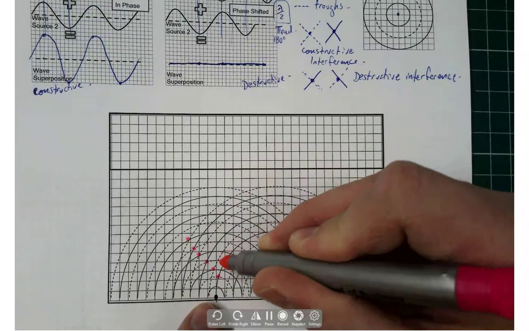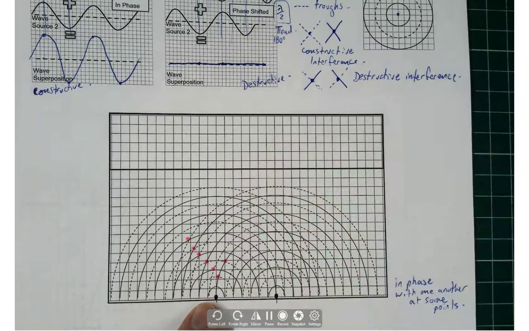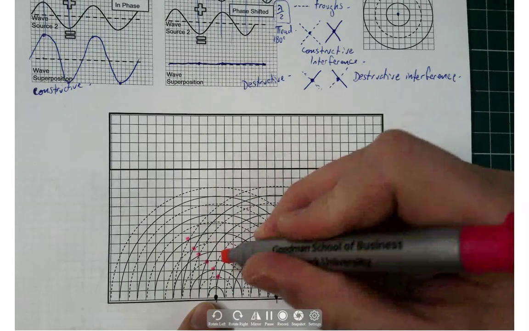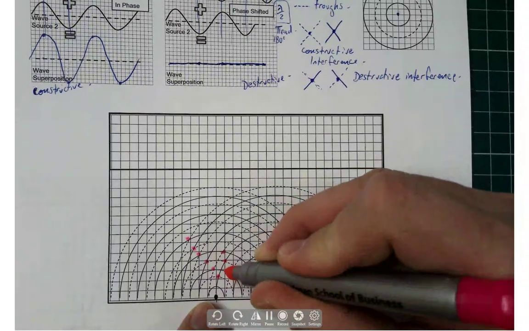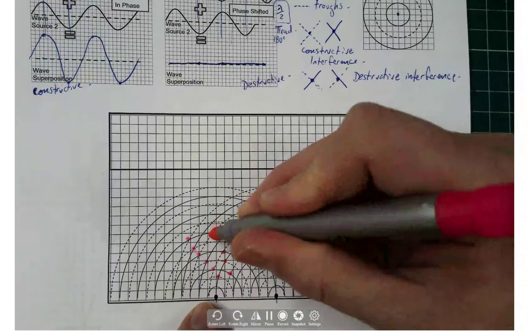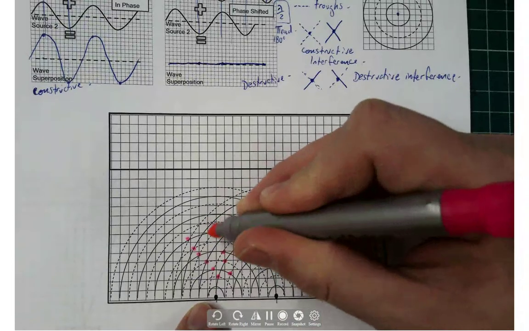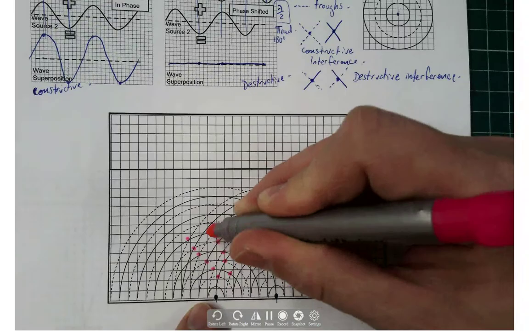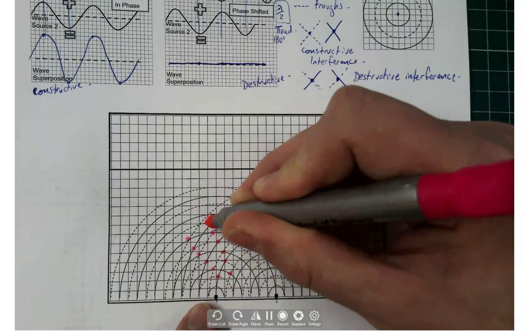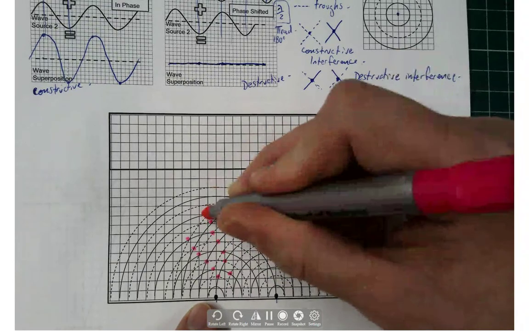Sorry, we're placing a peak dot where? Wherever a peak and a trough meets, wherever a solid line and a dotted line crosses. Everywhere a solid and a dotted line crosses.